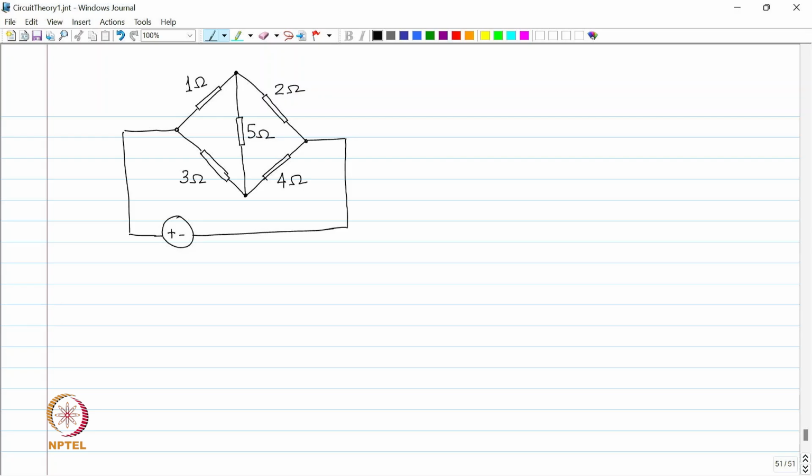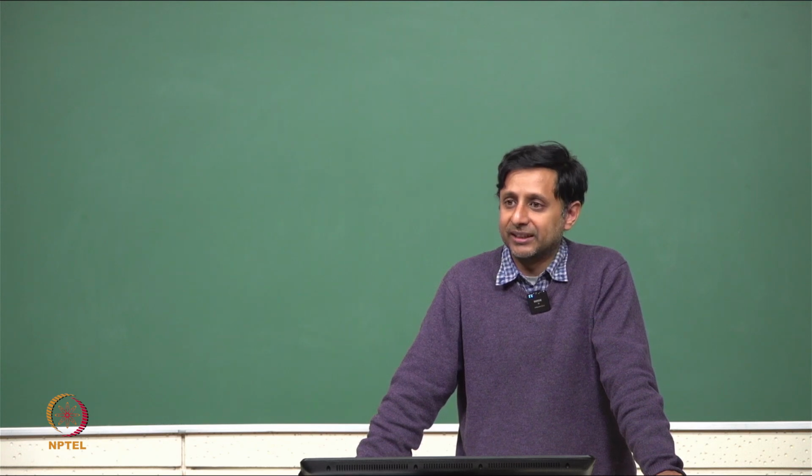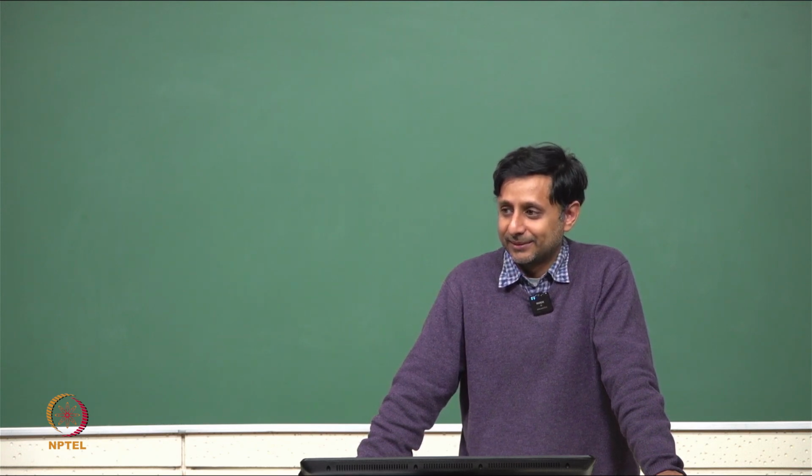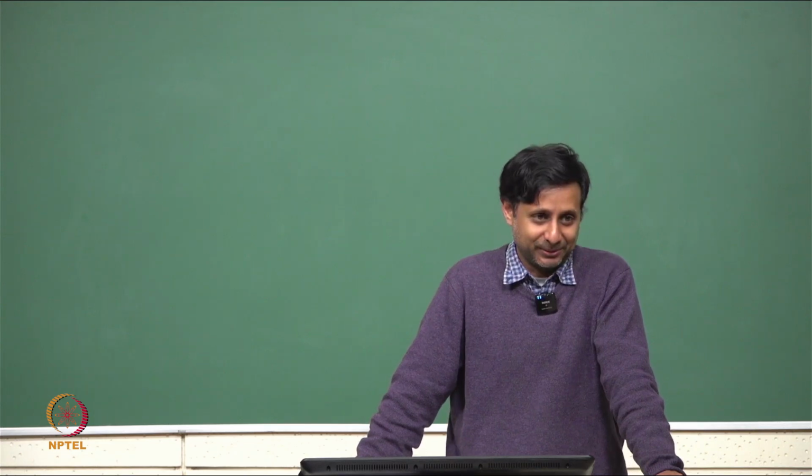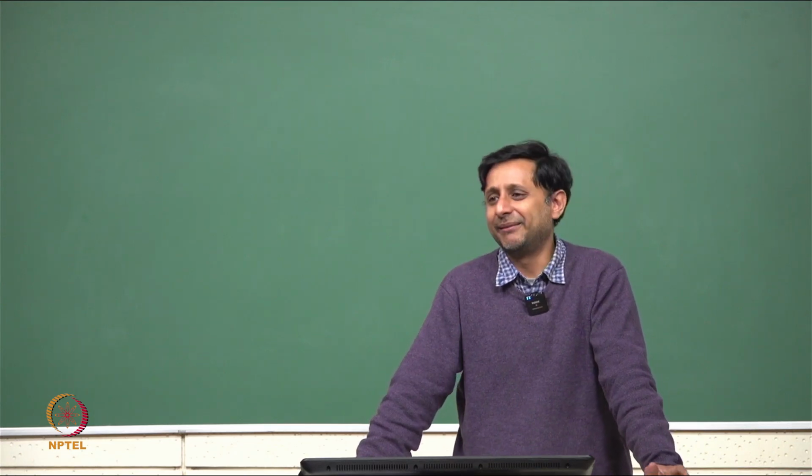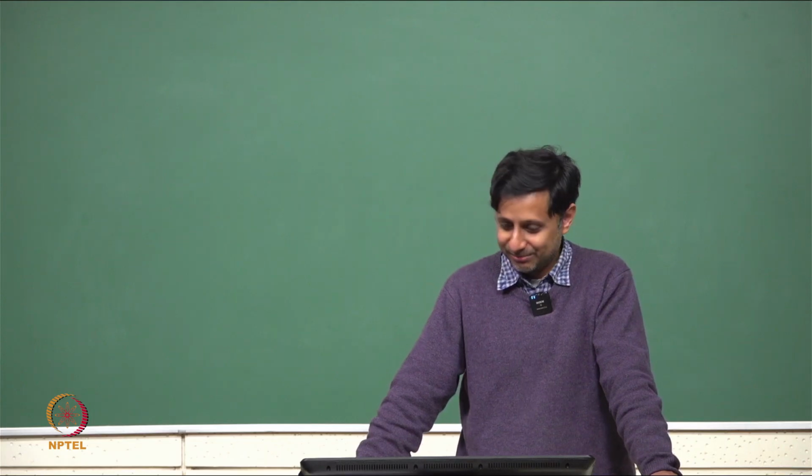So, let us say the voltage source is 21 volts. All right, this has to be solved. How are we going to do this? So, here we are going to take the help of Thevenin and Norton, any one of them, they are all the same.